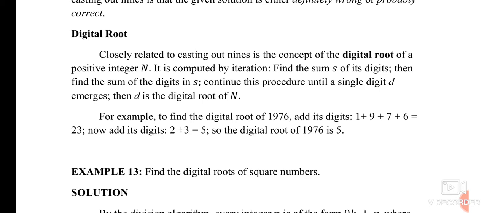For example, consider 1,976. Its sum of digits is 1 plus 9 plus 7 plus 6, which is 23. The sum of digits of 23 is 2 plus 3, which is 5, a single digit. So the digital root of 1,976 is 5.